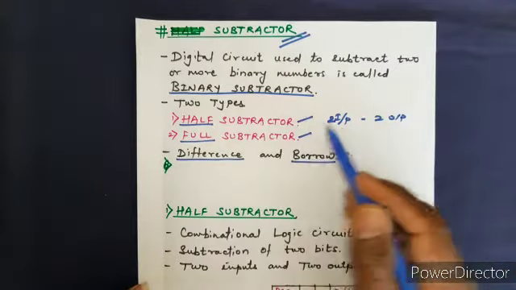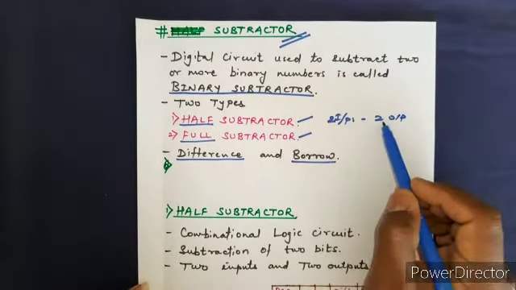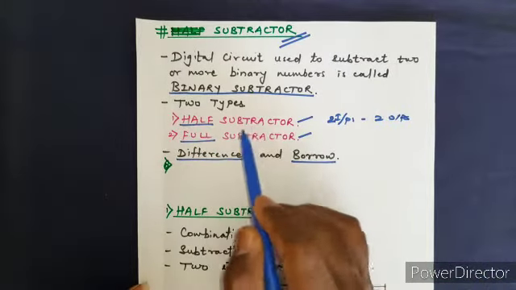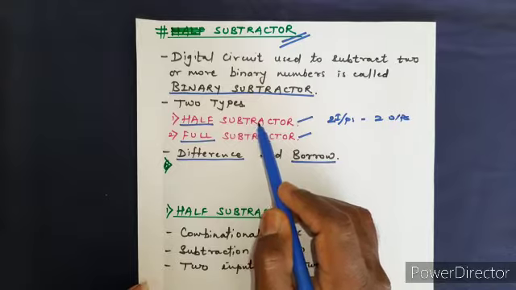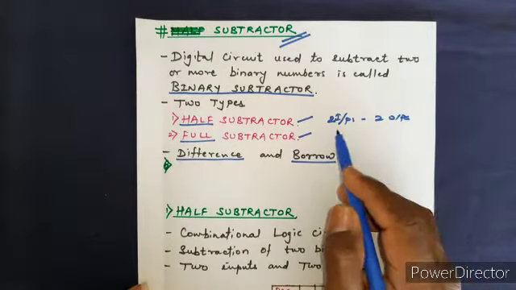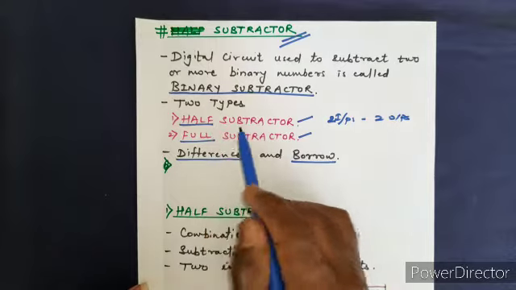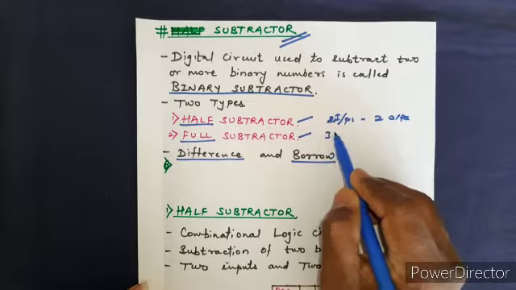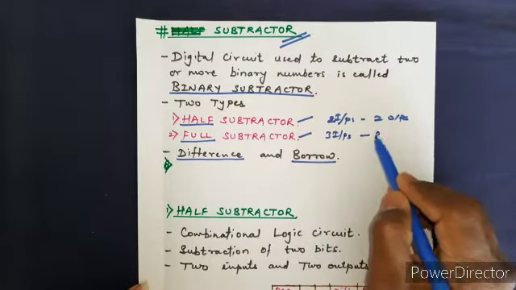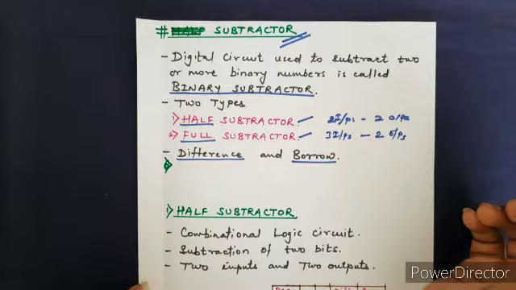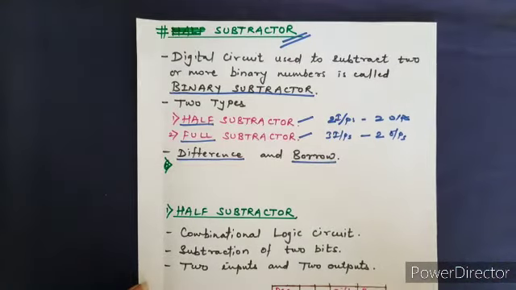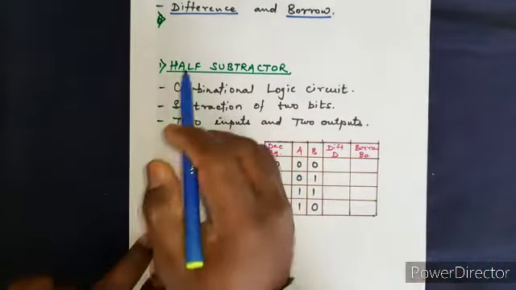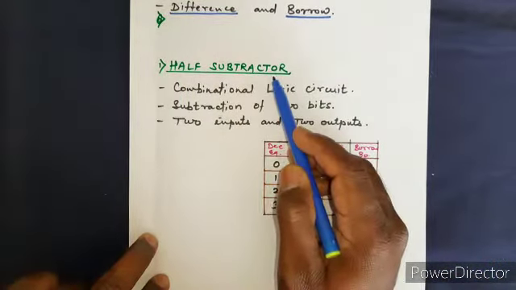Similarly, there is a drawback or limitation of the half subtractor, and to overcome that we have the full subtractor. Here we have 3 inputs and 2 outputs. So let's extend our study to the first of its kind, that is the half subtractor.